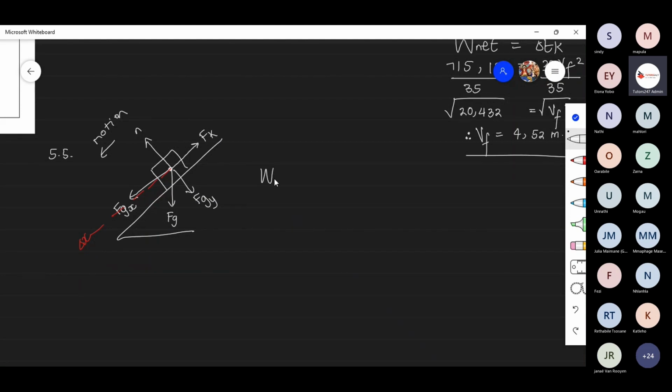So our work done by the new frictional force is equal to twice the work done by the old frictional force. So this is the new one. This would be the old one. That is then going to be work done by Fk is then equal to 2 times our previous frictional force.